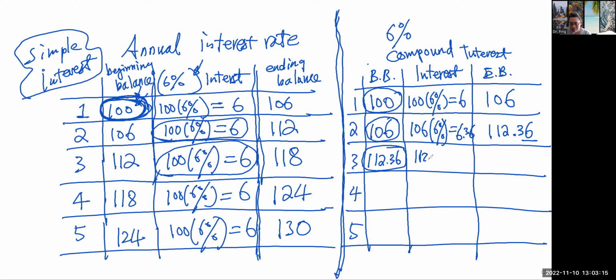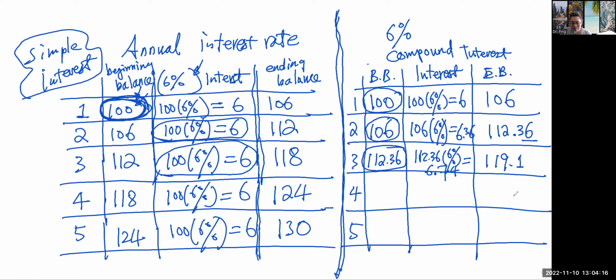So 112.36 times 6% gave us 6.74. Add that back to 112.36, and that gave us 119.1. Now it's just $1.01 more.